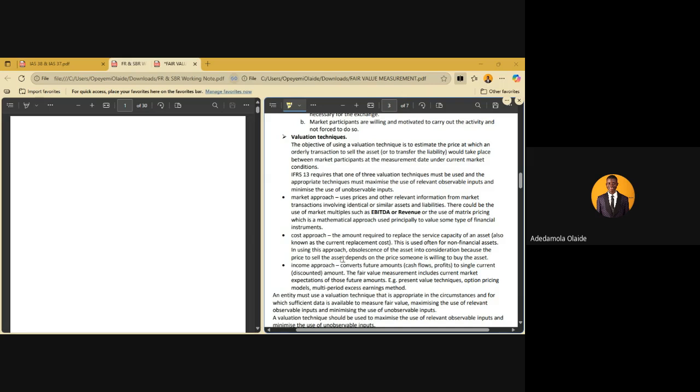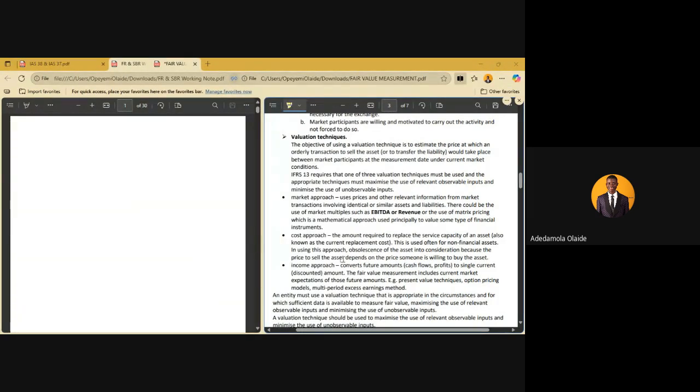Now, what's the valuation technique for IFRS 13? Why we use a valuation technique to establish price is to make sure we are able to get the price at the current market date. Now, the organization must ensure they maximize the use of relevant observable inputs and minimize the use of unobservable inputs.